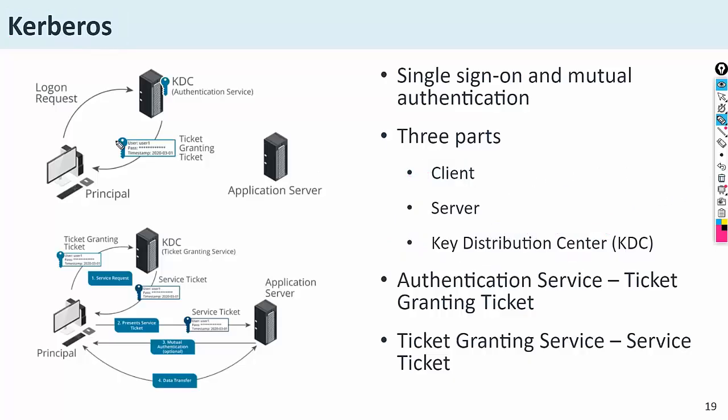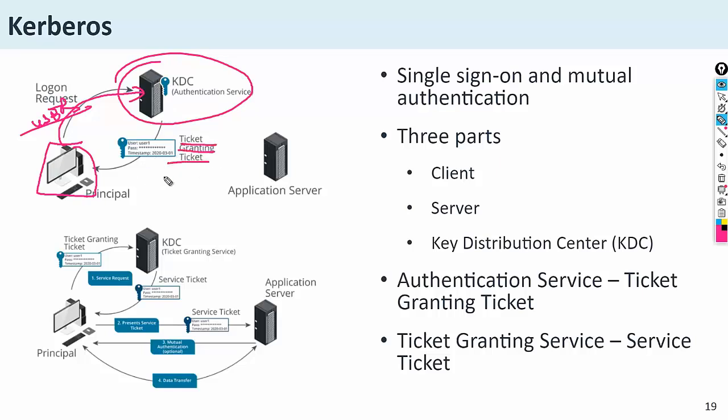So what happens here: this is the user, and this user requests a login. Based on the login, it will ask for the username and password, then generate some mechanism and create a ticket granting ticket, TGT.